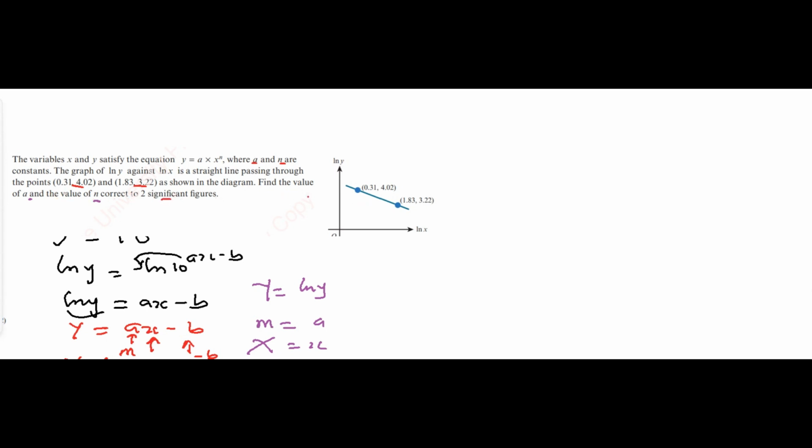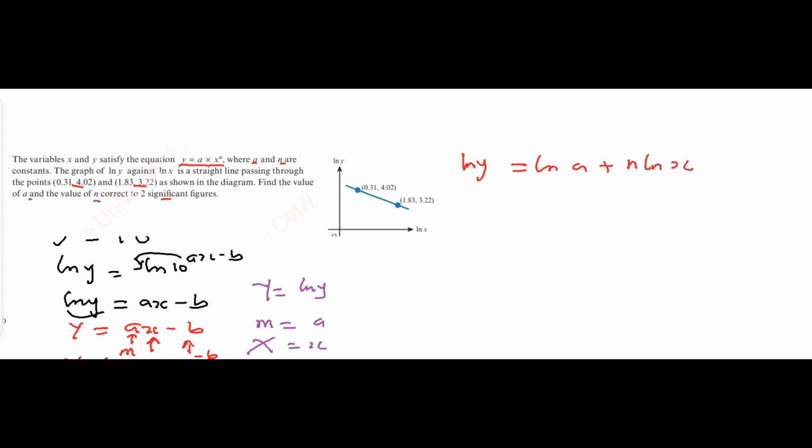What you need to do is just try to find this expression, try to transform it to a linear one. There are a lot of methods to use, but let me just use this one. Let me take the natural log of both sides. So I will have ln y is equal to ln a plus n ln x.